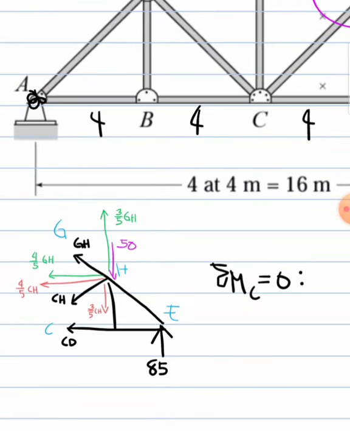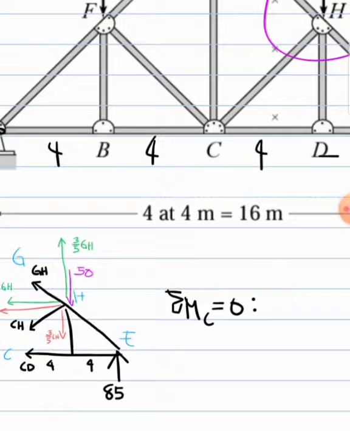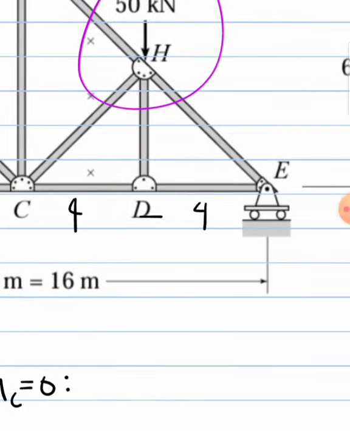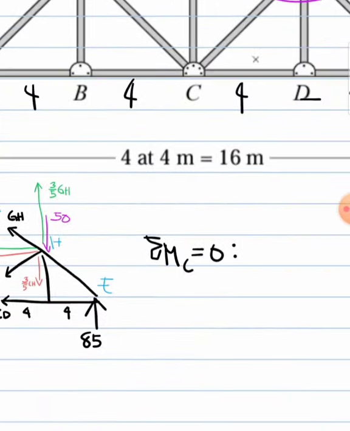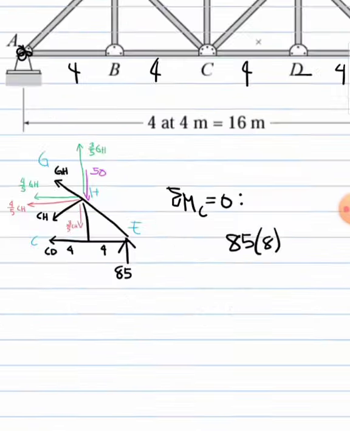Then we could say that 85 times 8, so this is 4 here, the distance, we take a moment at C. So this is our moment arm at point E of this 85. So we will have 85 times 8. And then what?